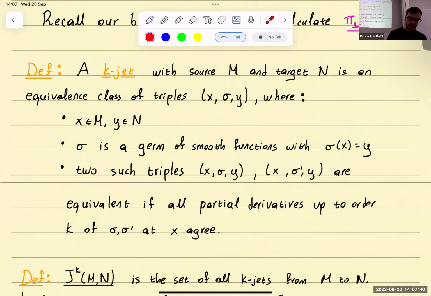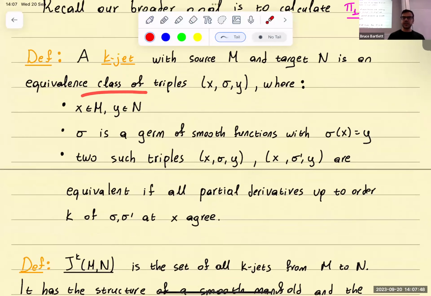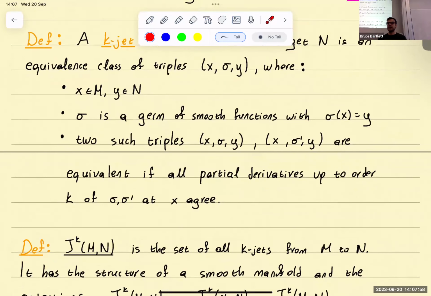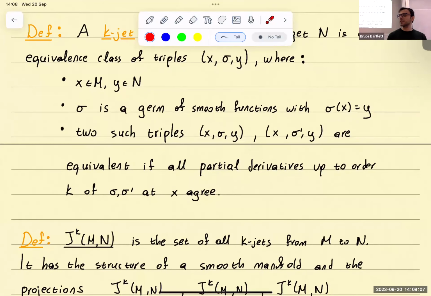So just remember that a k-jet is the data of an equivalence class of a triple (x, sigma, y), where sigma is a germ, and the equivalence class is so that we only keep track of the data of the partial derivatives up to order k. That's what the equivalence class gives us.